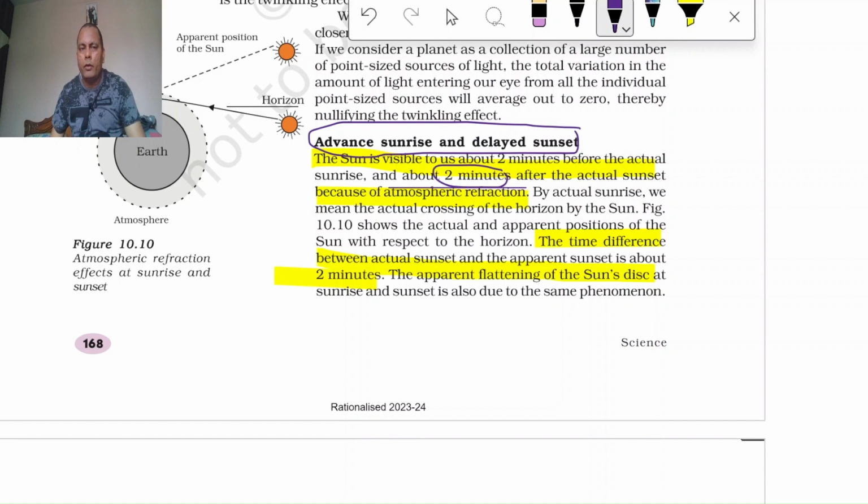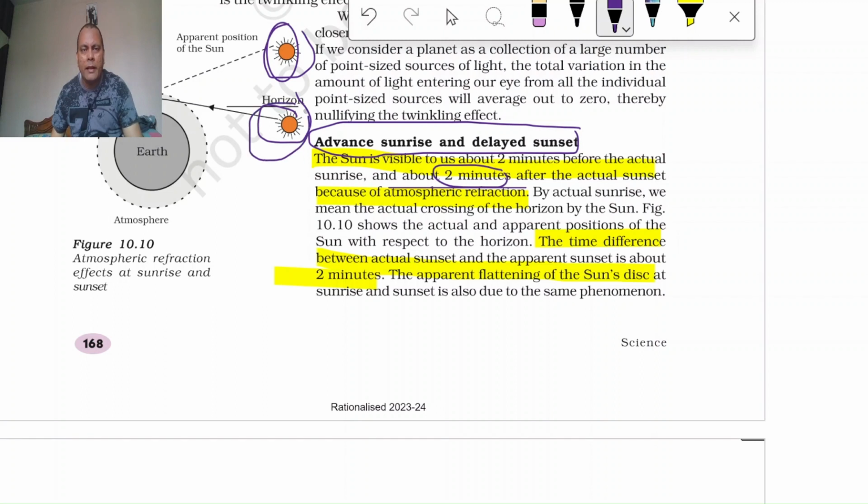Actually the sun is here, and we can't see it from here, but due to the refraction of the different media, the sun appears to us like here. We are here, and when we look, we can see it here, not lower down. When the sun is rising, due to atmospheric refraction, the actual sun will appear here, not here.